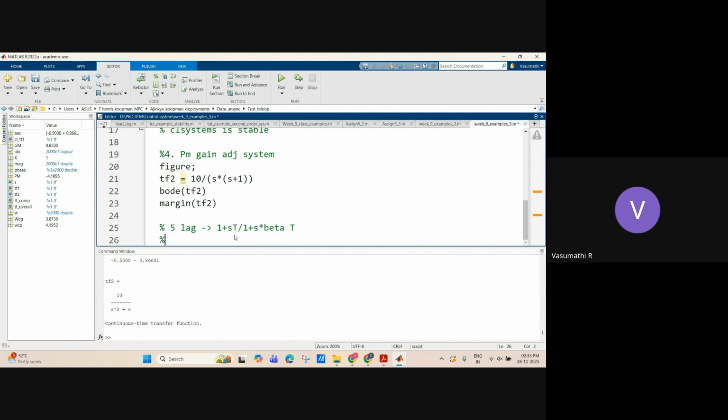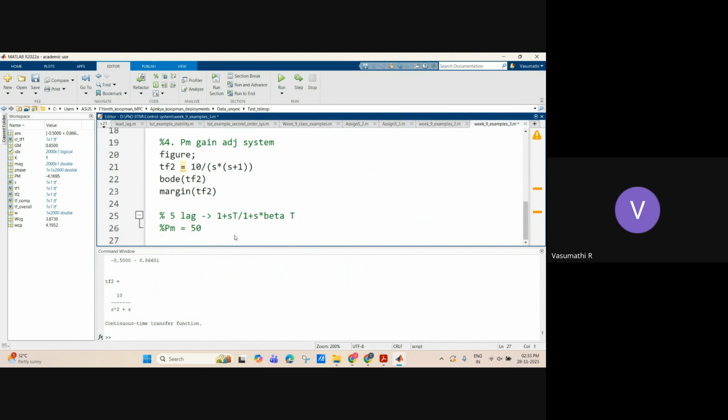Now the phase margin criteria will be 50 because the additional phase lag we have to consider. So the phase margin is equal to minus 180 plus the phase at the gain crossover frequency we will need.